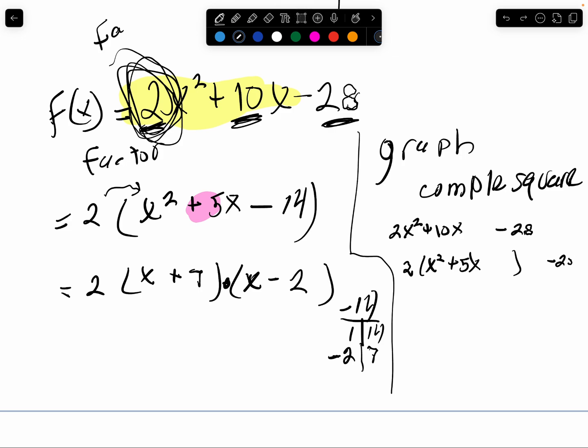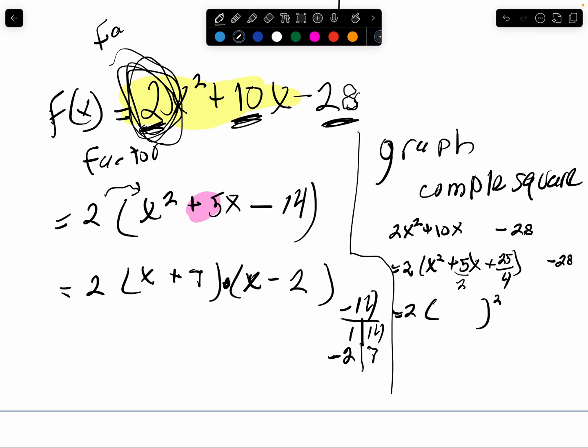Okay, so half of 5 is 2.5. I picked one with decimals, sorry. Half of 5 is 2.5, so 5 over 2, and if I square it, I get 25 over 4. You guys can get some decimal for that if you want. That is my perfect square, and my equivalent binomial squared.